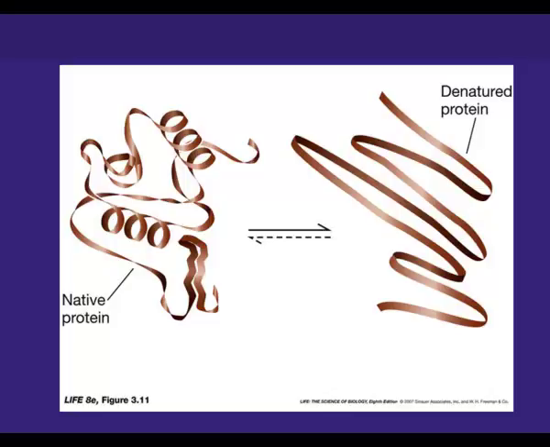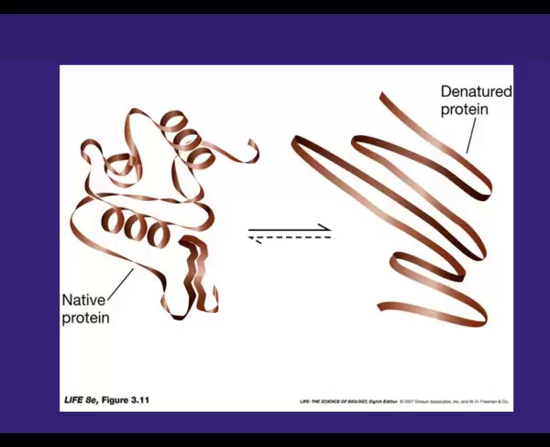Remember, I told you it has very strong covalent bonds holding it together, whereas the secondary structure, the alpha helices and the beta pleated sheets, and of course the overall three-dimensional structure, the tertiary structure, those have all been lost due to denaturation. Sometimes this process is reversible, and sometimes it's not.